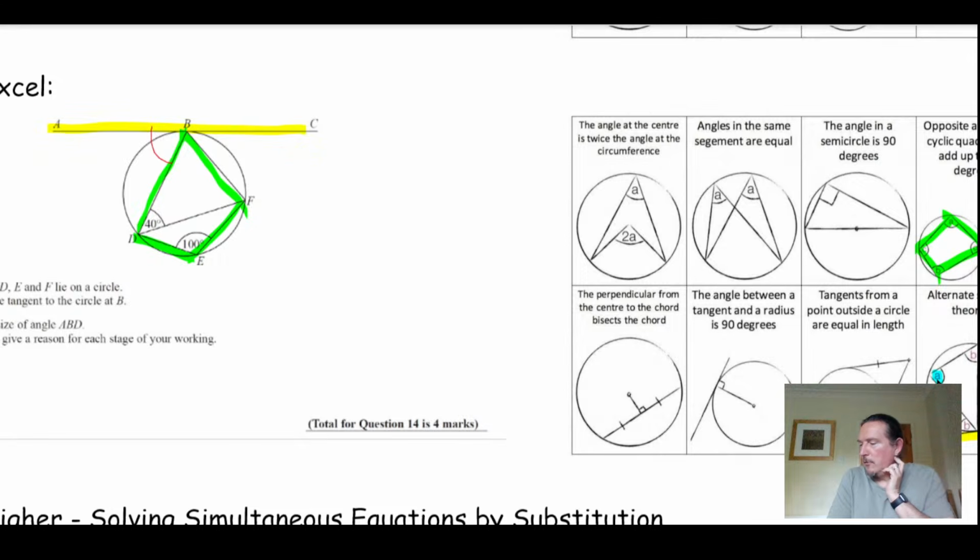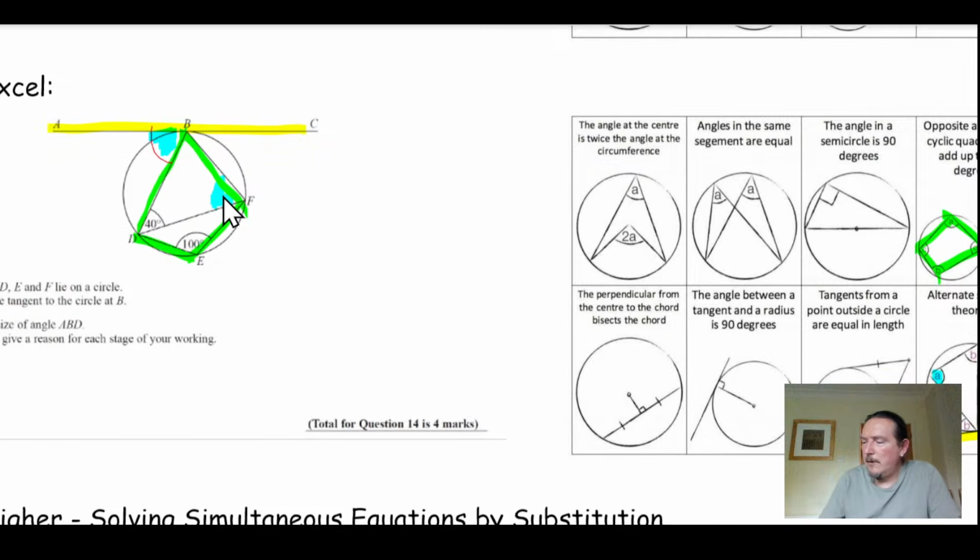I think that one's going to be quite useful. So we're going to be finding this one probably by finding this one up here. No, not that one. This is the chord. Yeah, it's that angle there. So it's that one there that we need to find.